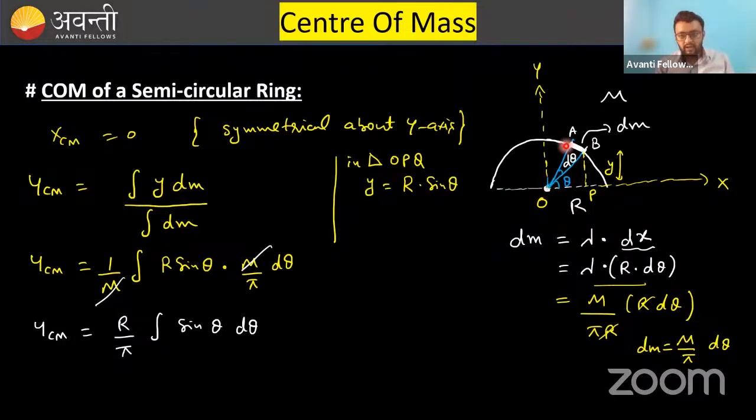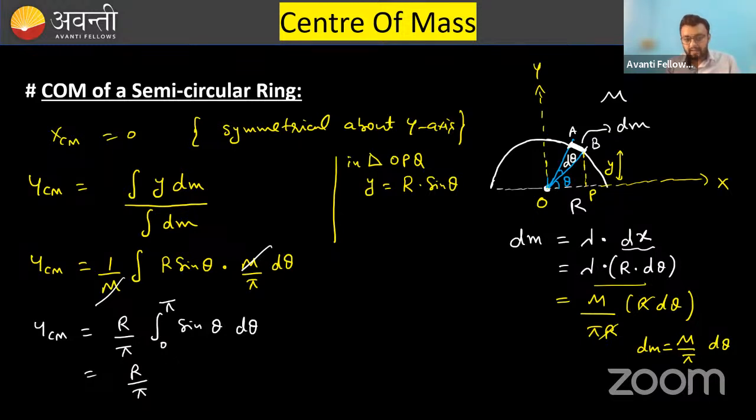If you put this line OB to cover the entire body, OB will come along the x-axis, so theta will be 0. And if you pull the another leg OA, it will reach at this point. So this angle will be 180. So the limits will be 0 to 180. 180 is pi.